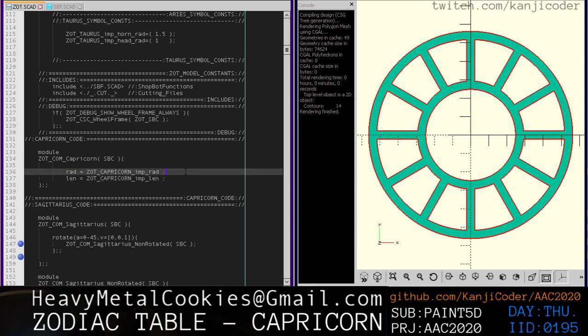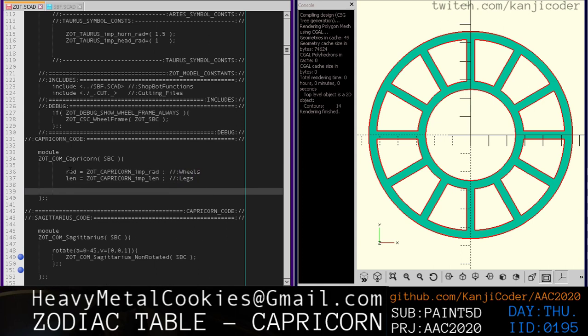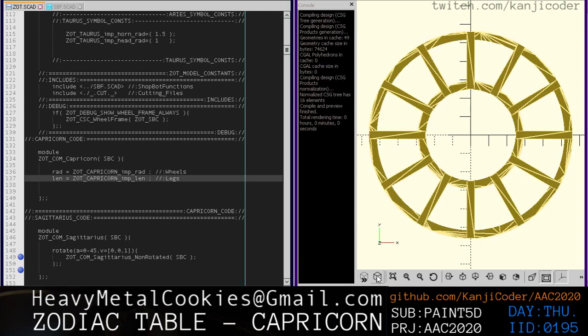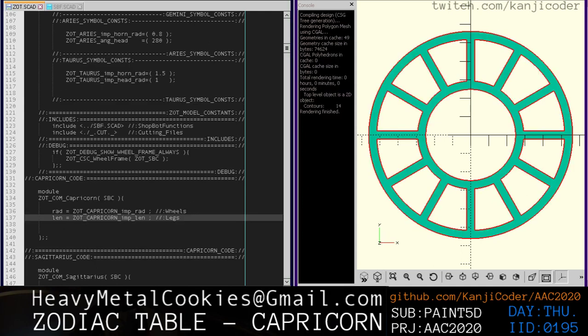So this is circle, wheels. This is the wheels, and then the legs. Those are the variables for those different attributes. And if we run this, hopefully we didn't introduce any syntax errors. Nope. Okay, cool.